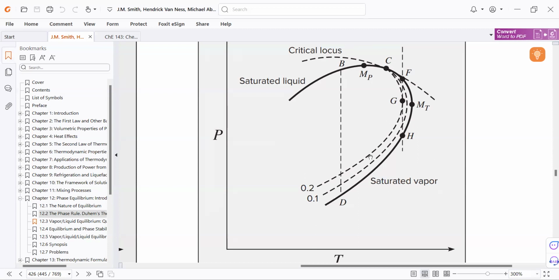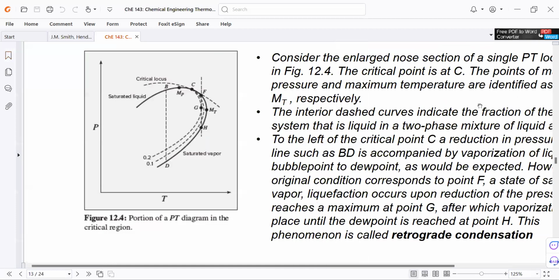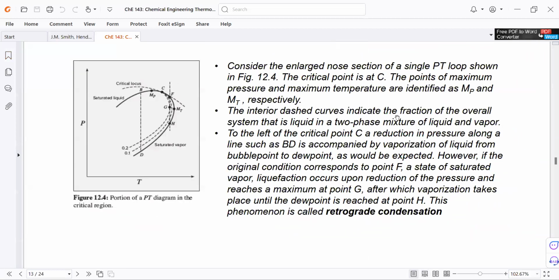Now, these dashed curves right here represent the fractions. The interior dashed curves indicate the fraction of the overall system that is liquid in a two-phase mixture of liquid and vapor.